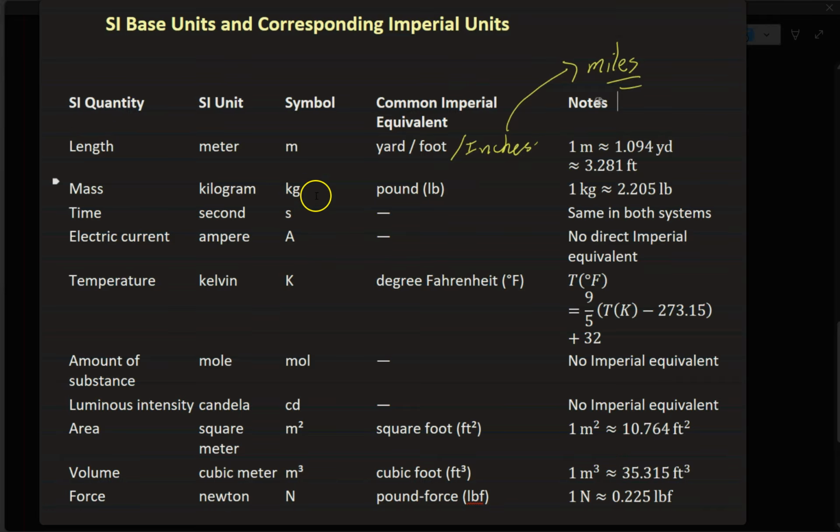With mass, we have kilogram for the metric system SI unit, but for the imperial it is pound. Second, and the time and the electric current, they don't have an equivalent in the imperial system, but temperature does. That's Fahrenheit. That's what we use in Canada and in the US. Sometimes, of course, in Canada we use Celsius more, but in England and in the US they use Fahrenheit.